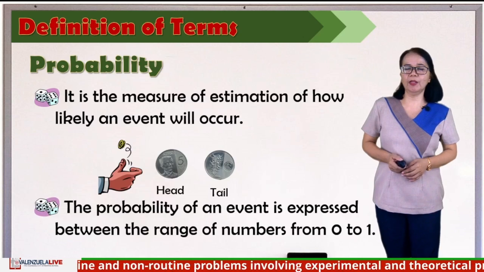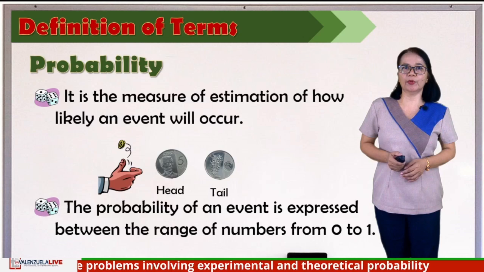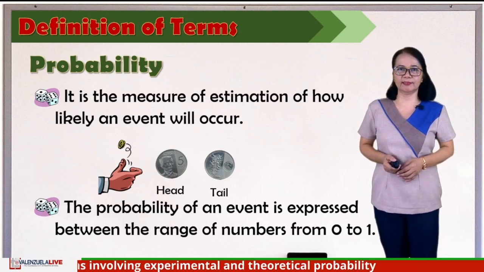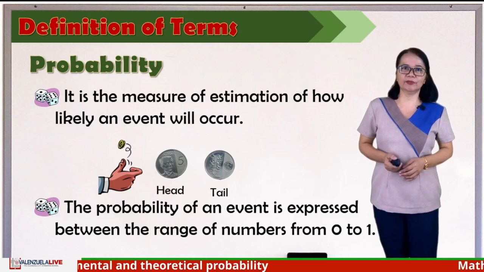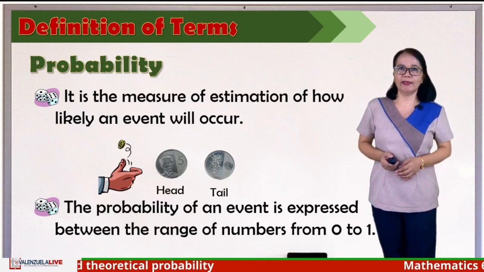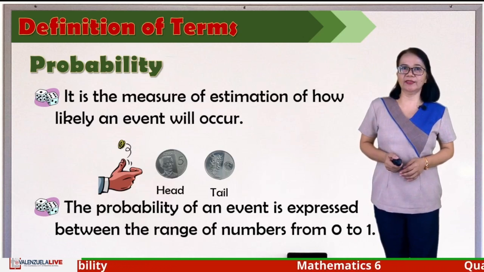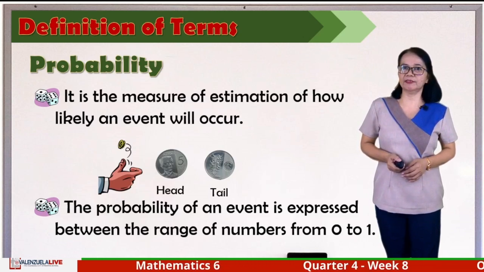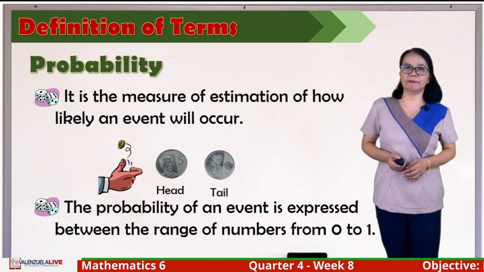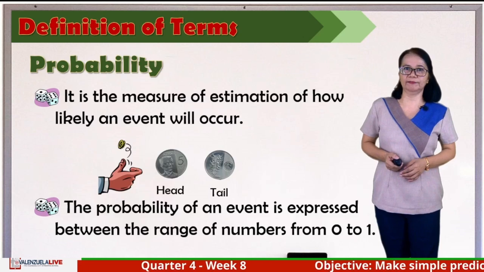For example, when tossing a coin, the probability of getting a tail is 1/2 or 50%, since a coin has 2 faces, and when it is tossed, we might get either a head or a tail. The probability of an event is expressed between the range of numbers from 0 to 1, where roughly speaking, 0 indicates impossibility of the event and 1 indicates certainty.